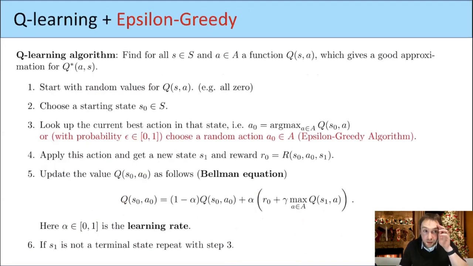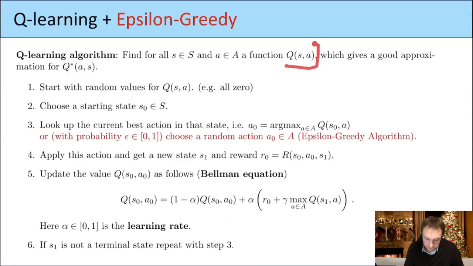So let's recall this algorithm, and then we will do this algorithm step by step again in this one example. And then I hope it will become clear that we will approach slowly these orange numbers by using this equation here. So the goal is to find an approximation for these Q star values, so these orange numbers.